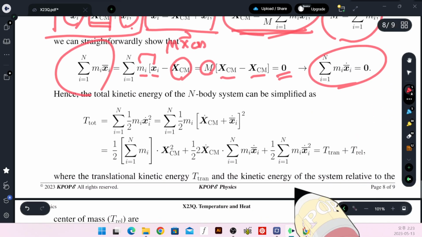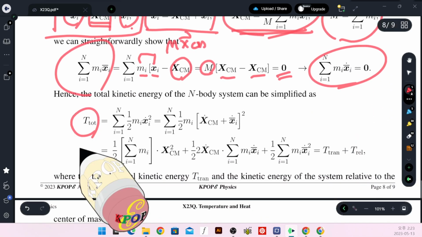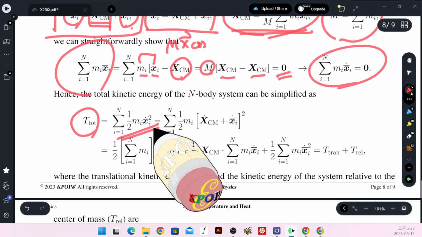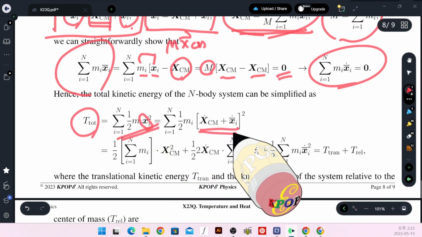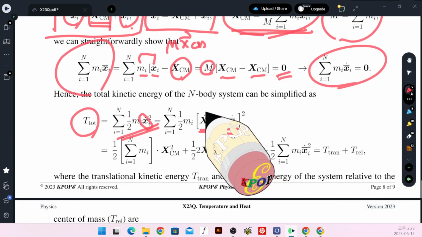Next, we compute the total kinetic energy of the whole system. Total kinetic energy is this, and the velocity of each particle is expressed like that. We can expand this.